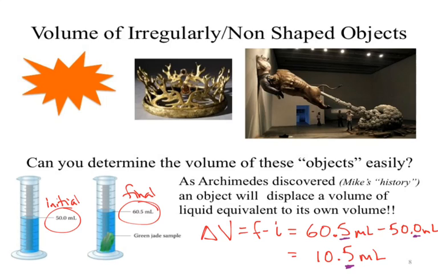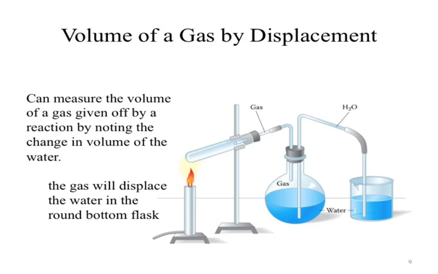Okay? We could also go through and look at it for measuring gas. So your textbook has this image, which is kind of neat. What we could do is heat a sample of some species in that test tube. There are plenty of compounds that, when they are heated, will decompose and release a gas. That gas can then pass through this elaborate system of tubing and now start to increase the pressure on that liquid.